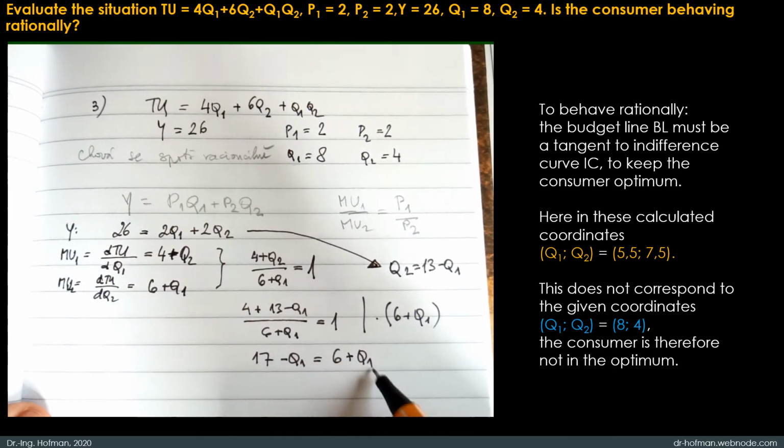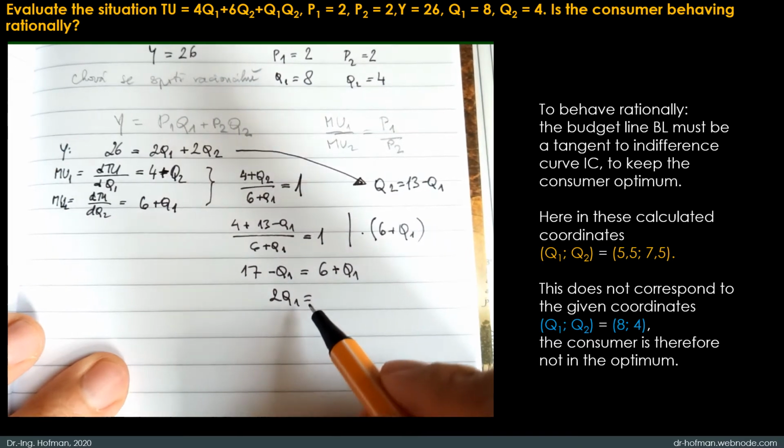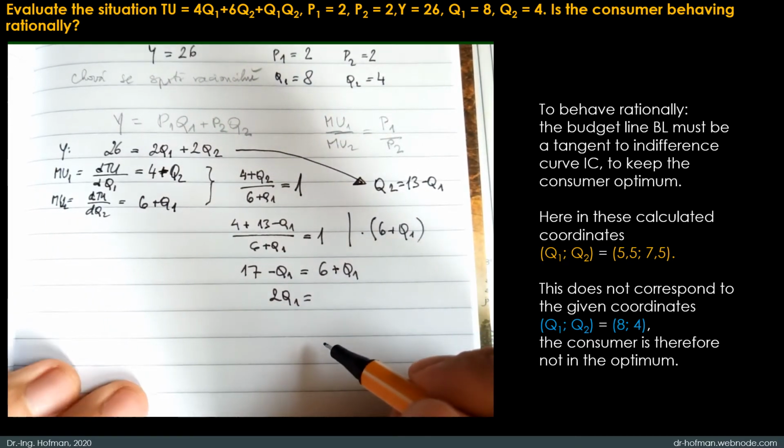The denominator and the right side stay the same, but I want to simplify the fraction so I multiply by the denominator. 17 minus Q1 is 6 plus Q1.